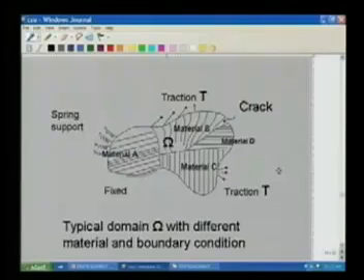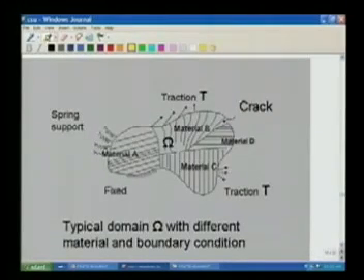So let us take this very complicated domain that I have drawn, which resembles a crazy potato made of different materials. For example, I may have material A in this region, material B in this region, material C here, material D here. This domain also has a crack at this point. It has a crack here.